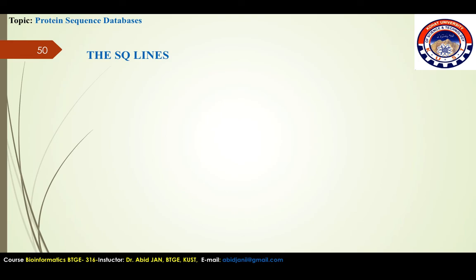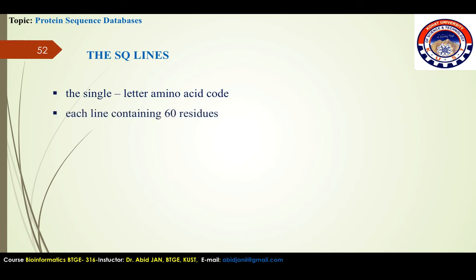The SQ lines are sequence lines. The final section of a database entry includes the sequence itself on the SQ lines. For efficiency of storage, the single letter amino acid code is used, each line containing 60 residues.